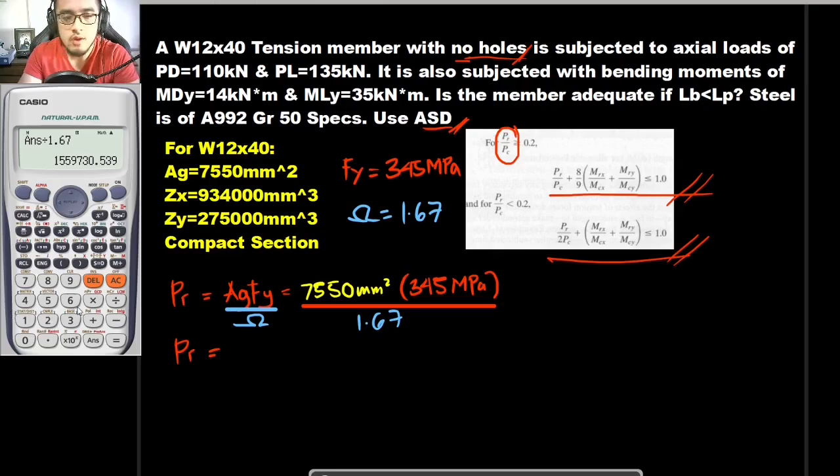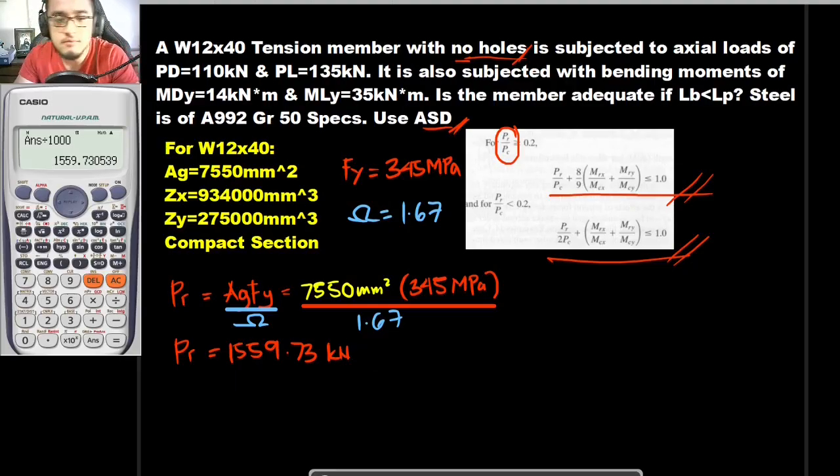But if I want to convert it into kilonewtons, I would be dividing by 1,000. So convert lang natin. So our PR is now equal to 1,559.73 kilonewtons.